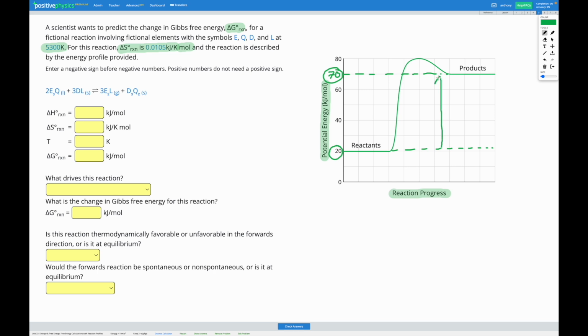So this is going to be a positive enthalpy change. And we started at 20, we ended up at 70. So it's going to be 70 minus 20. That gets us 50 kilojoules per mole.